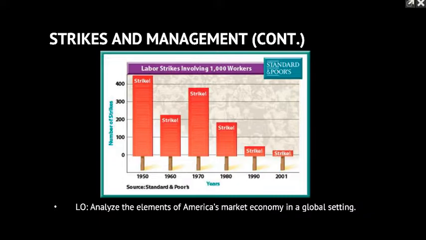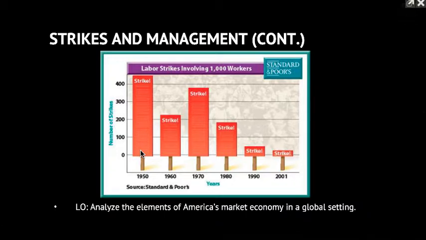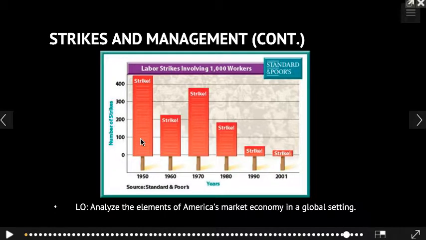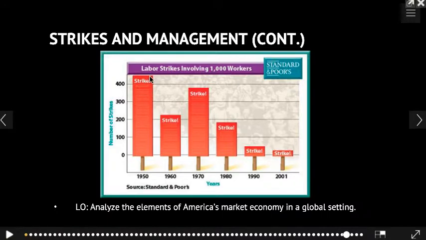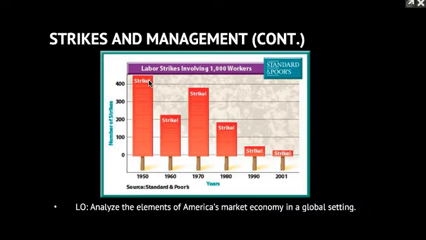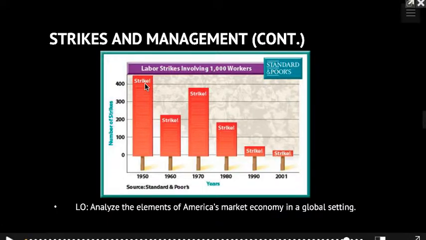Here you can see some statistics over the years from 1950 through 2001, and what we have represented on this graph are the number of strikes that involved at least 1,000 workers or more. In 1950 there were more than 400 strikes involving 1,000 workers or more.